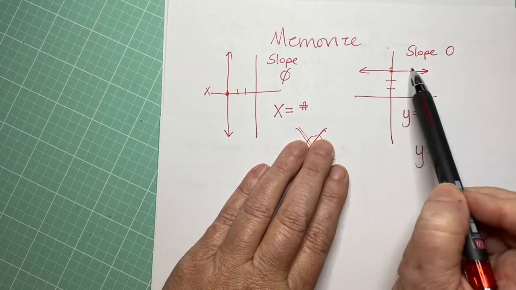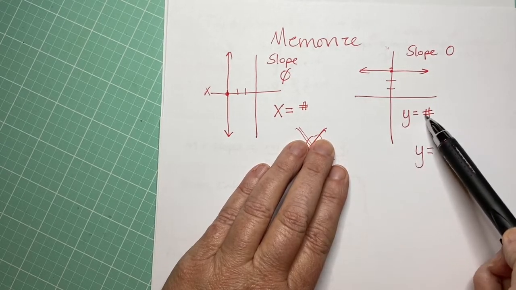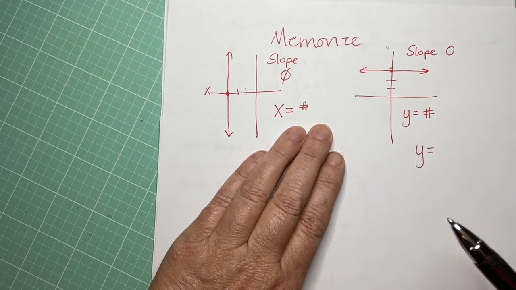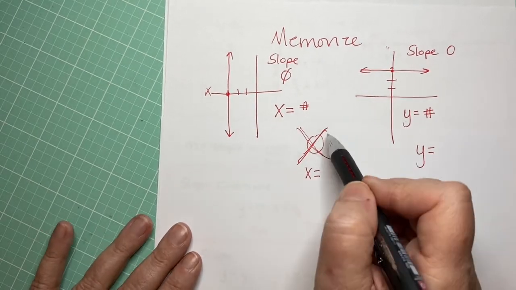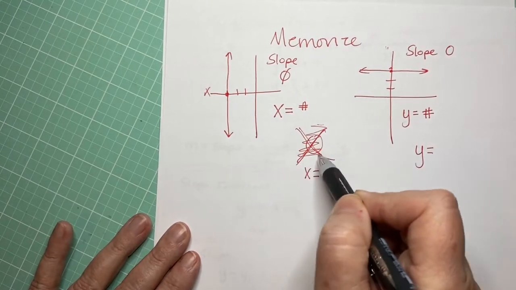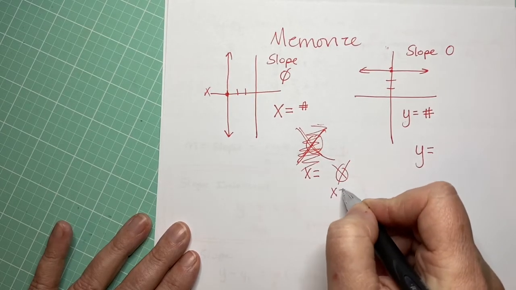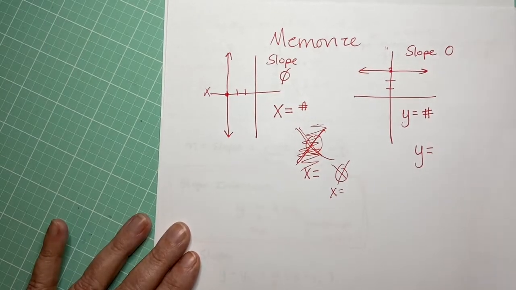And 0 is always a flat line which crosses the y-axis. So 0 is always y equals. Again, I go through this in more detail in the 3.1 video. But what I was really writing right here is one of the ways I think to memorize: I think of undefined as crossing out that 0, which makes me think of the x equals. So undefined is x, 0 is y.